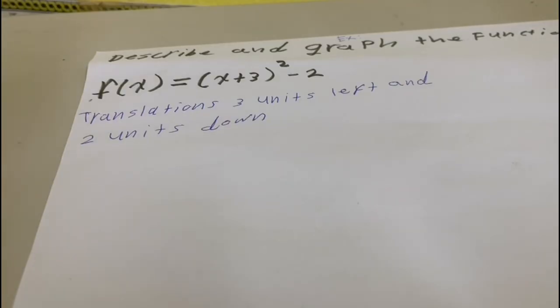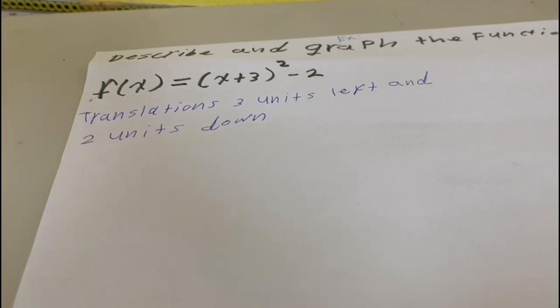For example, this positive 3 is actually negative 3 when we calculate it, but here we are just graphing. So the answer is translations 3 units left and 2 units down.